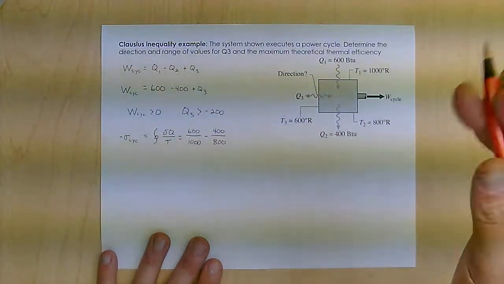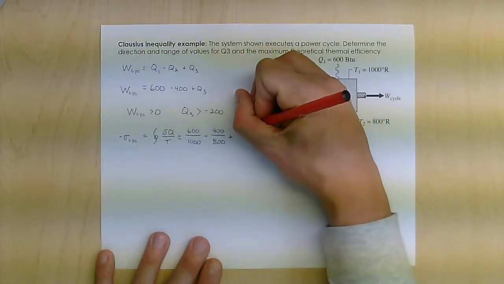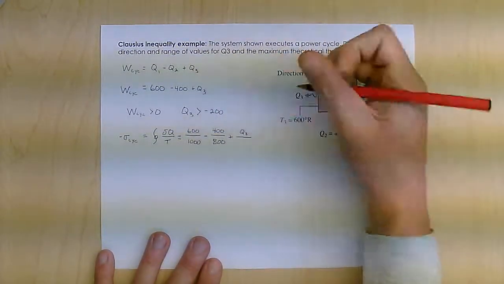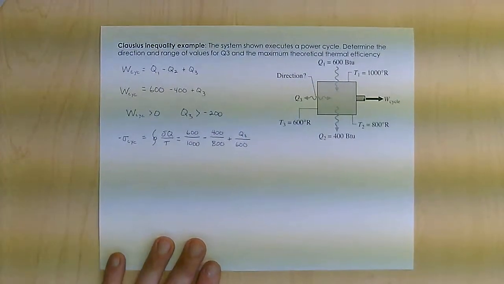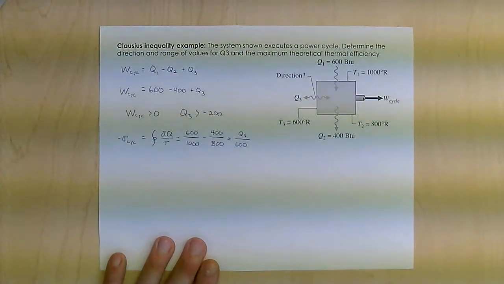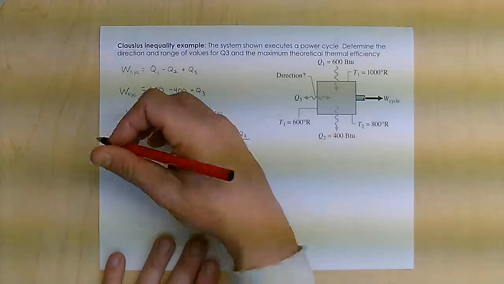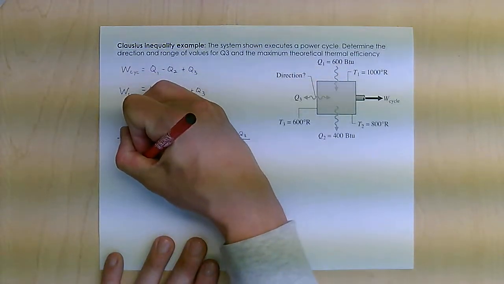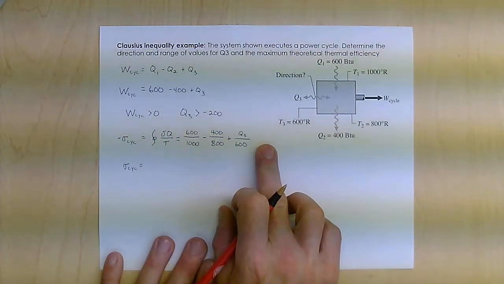If I'm wrong, I'll get a negative answer, and we can work from there. So again, we're trying to figure out what that direction is. So I'll just say plus Q3 over 600, okay? And I'm going to rearrange this a little bit so I can get rid of this negative value here. I'll say sigma of the cycle, so if I take that negative here, I'm flipping all the signs over here.